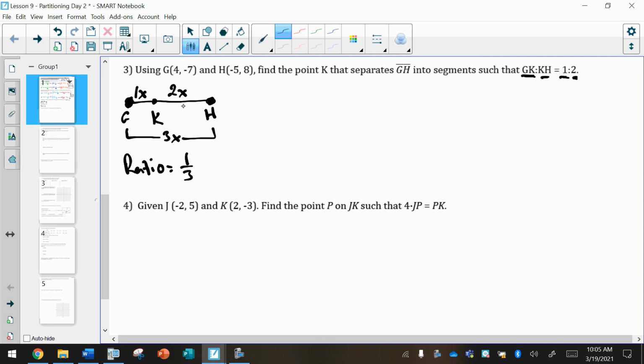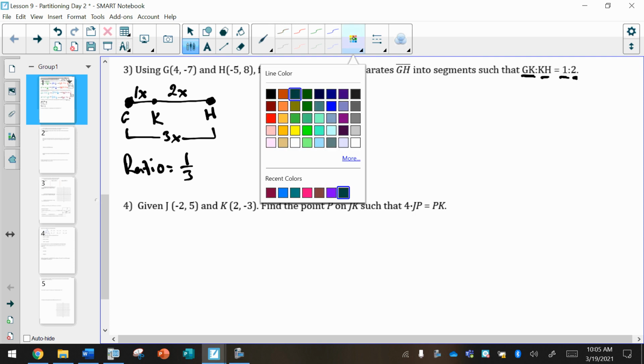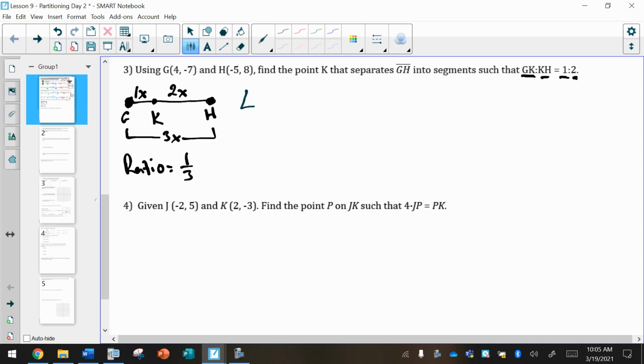Okay, now we're all set to do our calculations. Just like before, change in X and change in Y. After I do my change in X and change in Y, that was step 1 that we labeled yesterday.